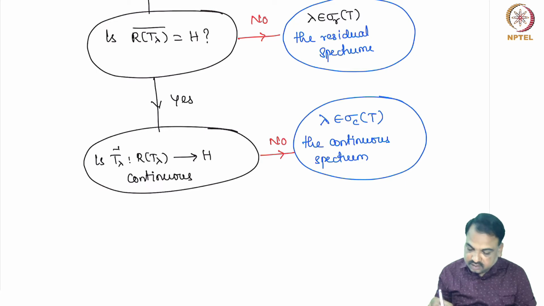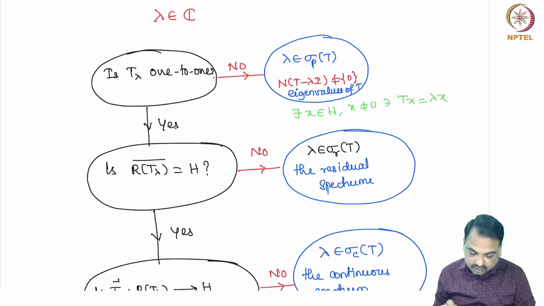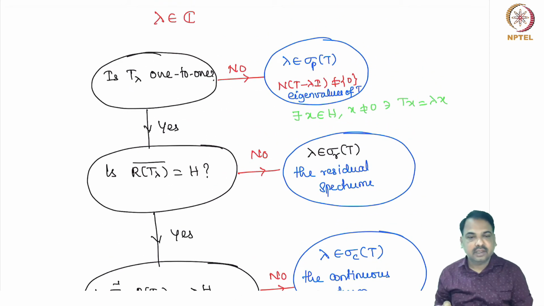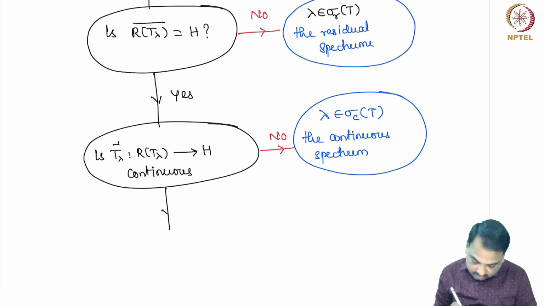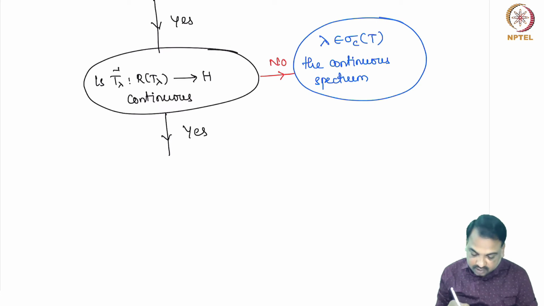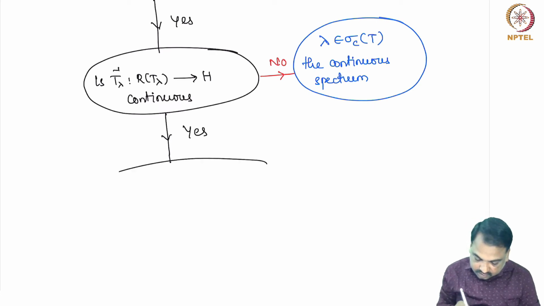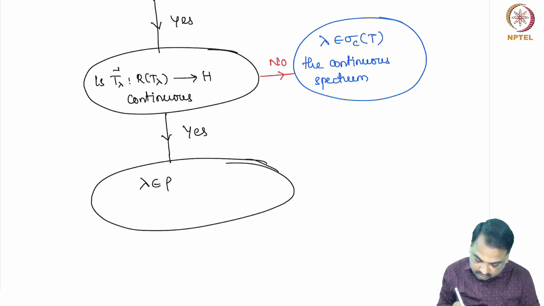Then if the answer is yes here also, that means if you have a lambda where T lambda is 1 to 1, the range of T lambda is dense, and T lambda inverse is continuous from the range of T lambda to H, then we can get an extension of the inverse. So in this case, lambda will be in the resolvent set.